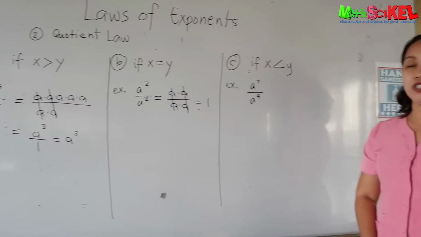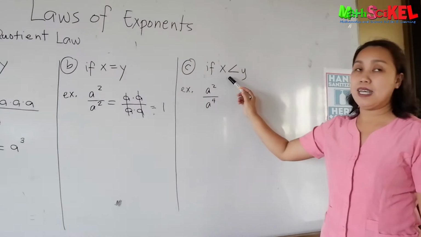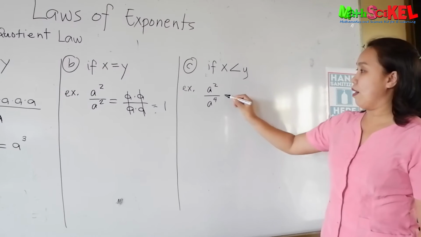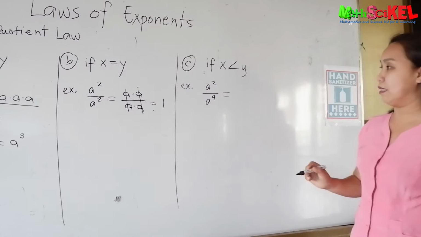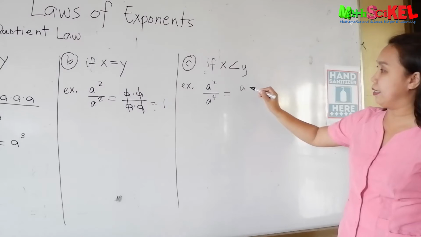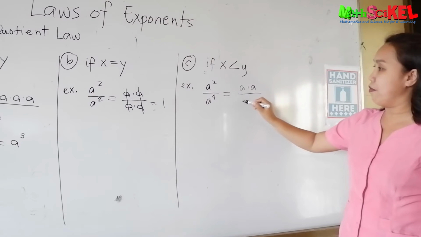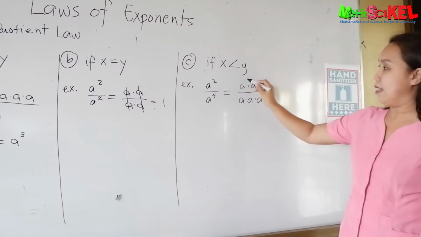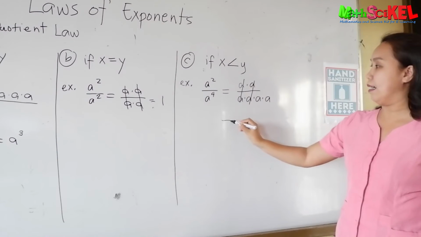And the last condition is if the value of x is less than y. What do you think will happen? Again, rewriting that in expanded form, we will arrive at a times a over a times a times a times a.